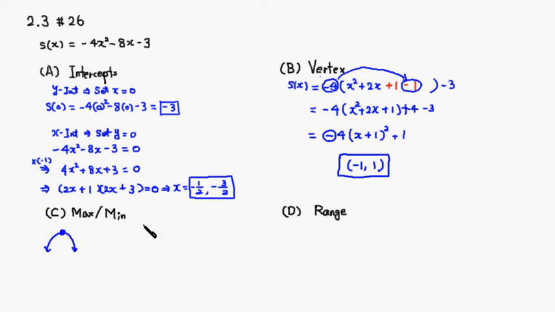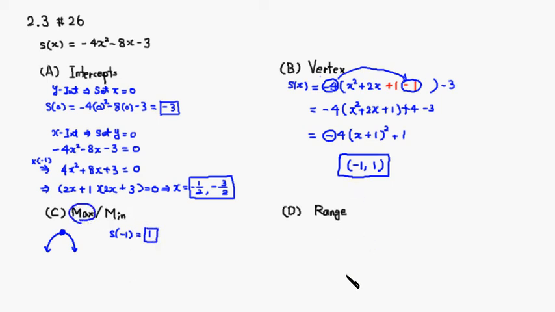So the maximum will occur when x is negative 1, and the maximum value is positive 1. So we know that this is going to be a maximum, and the value is 1.